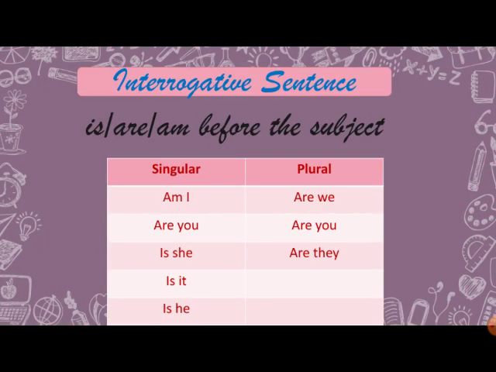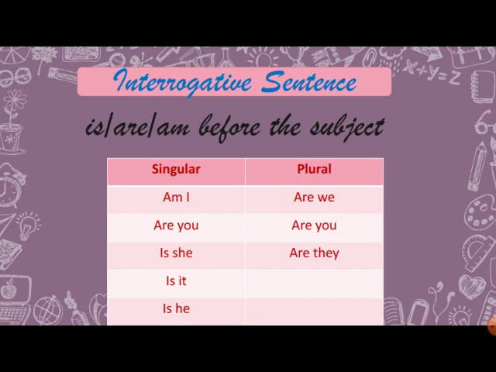Let's move on to the interrogative sentence. Interrogative sentence means question. How to change a statement into a question? Here also, whenever you get is, are, am in a sentence, simply remove it from its place and place it before the subject.